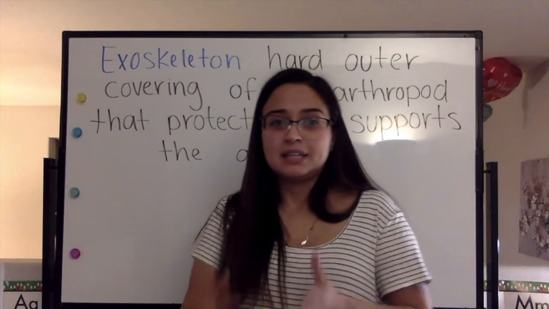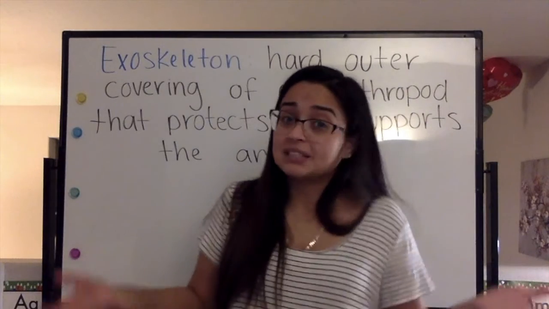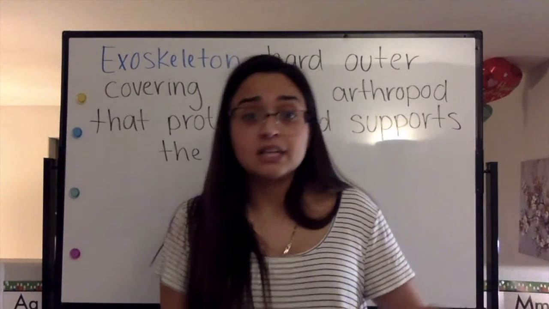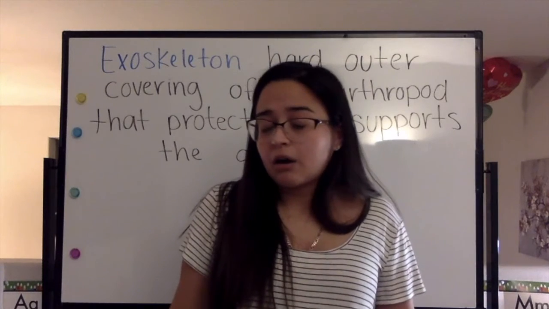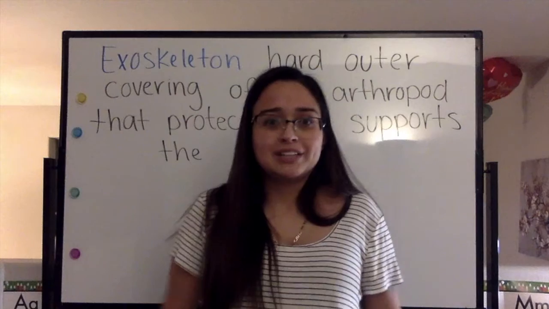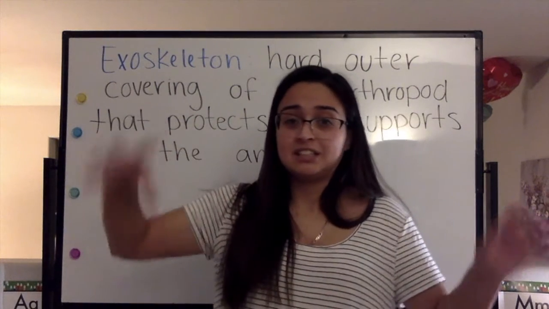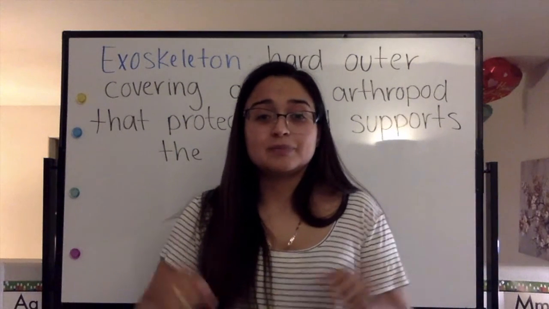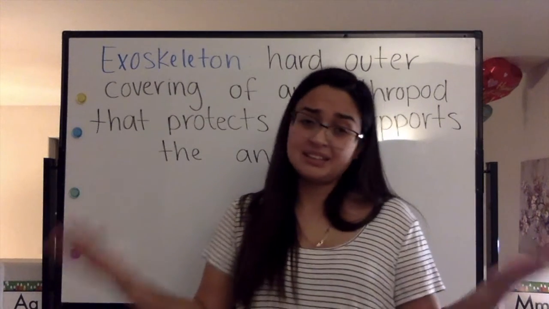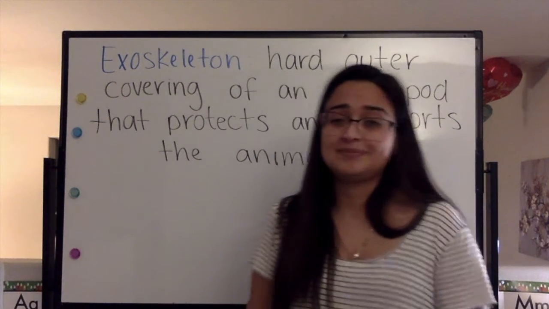Wouldn't be able to get much anywhere, right? Besides the ocean, like for example, we have jellyfish that are invertebrates but have no hard outer covering or bones of any sort. So they are just squishy little mushrooms swimming in the sea. They would not make it out on land.